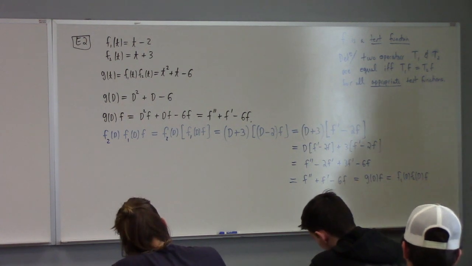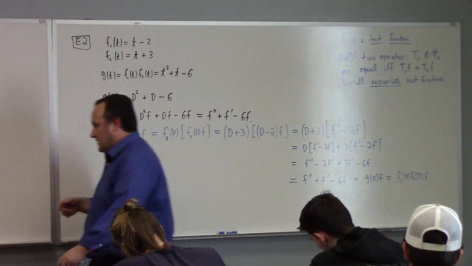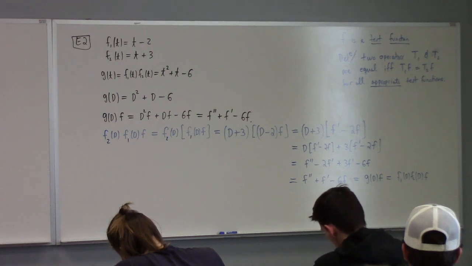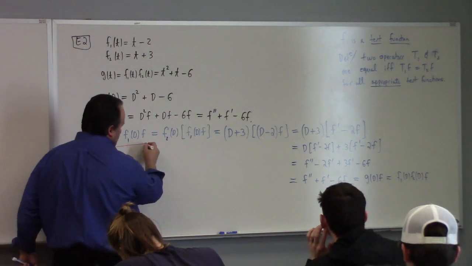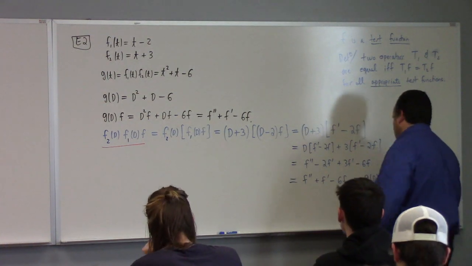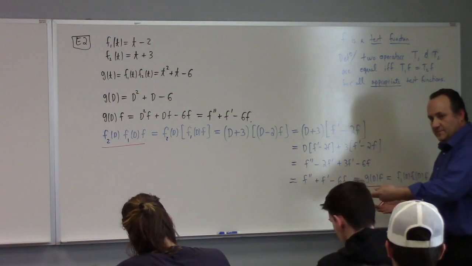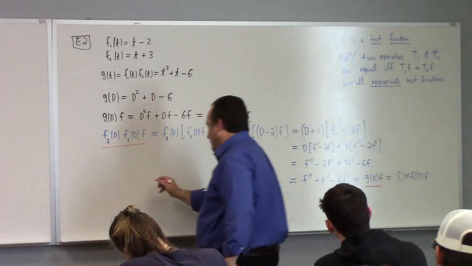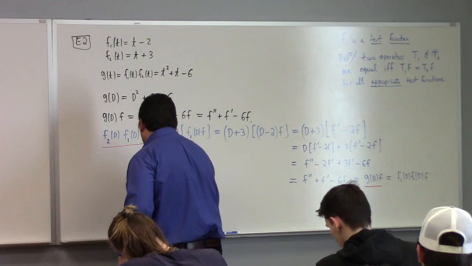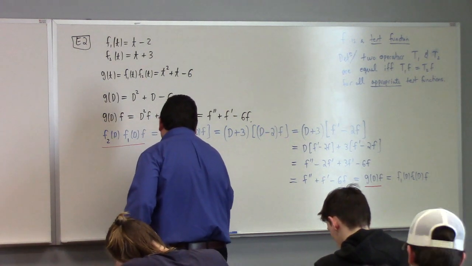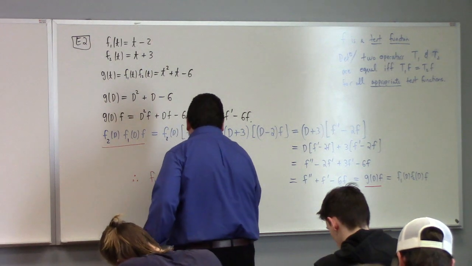So, to stick a fork in it here, this holds for all test functions f. Therefore, our conclusion from that data is that f2 of d times f1 of d is actually equal to g of d.